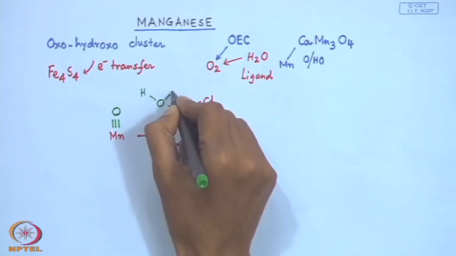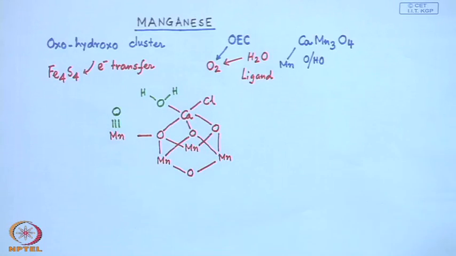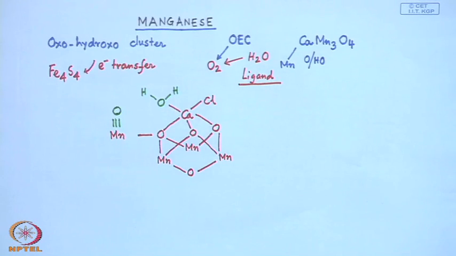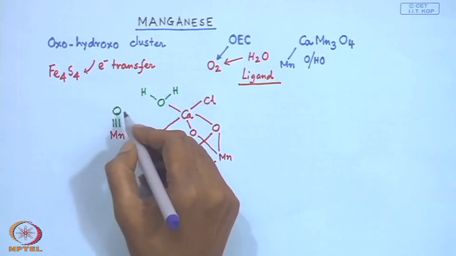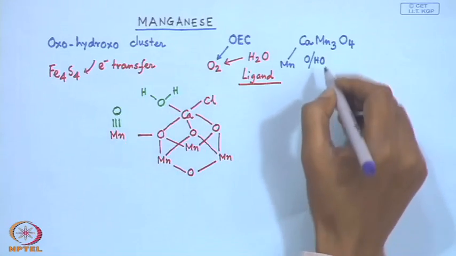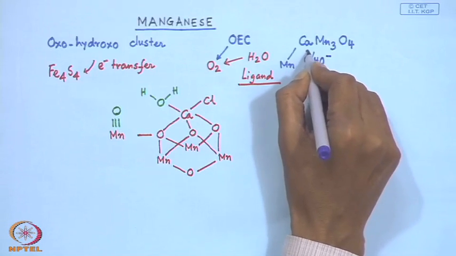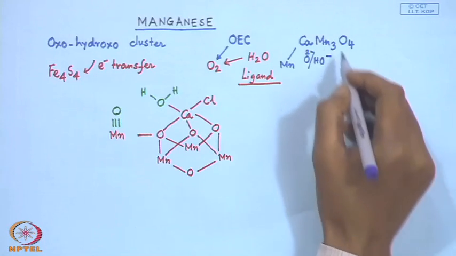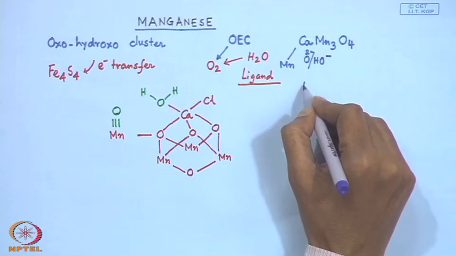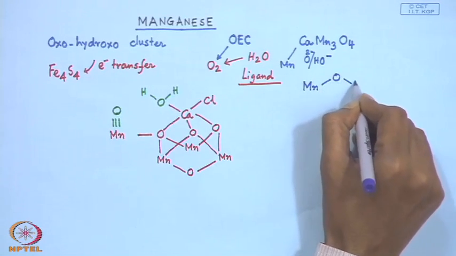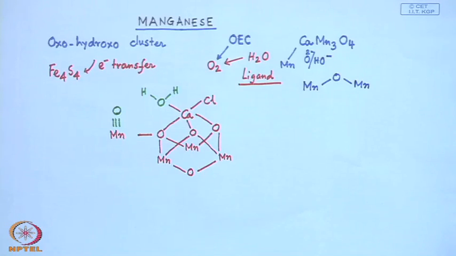So, these are the very important structures related to this cluster. We have identified that these groups, O2 minus or hydroxide groups, are always present in the form of the manganese oxo manganese basic unit.